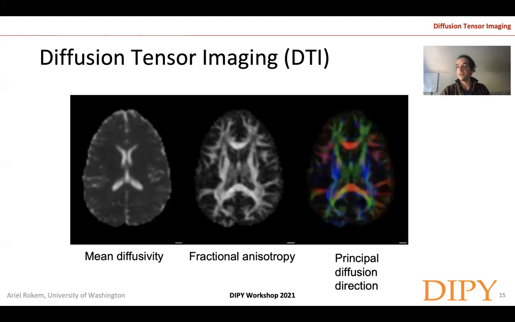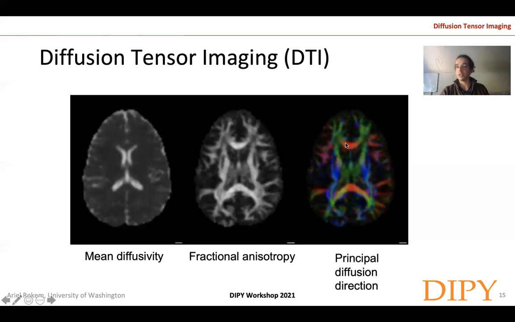So that tells us here, encoded with red as the right-left direction, green as anterior-posterior, and blue as superior-inferior. And in every voxel here, the principal diffusion direction vector RGB is then weighted by the fractional anisotropy. So we get more saturation in these parts that have high fractional anisotropy.